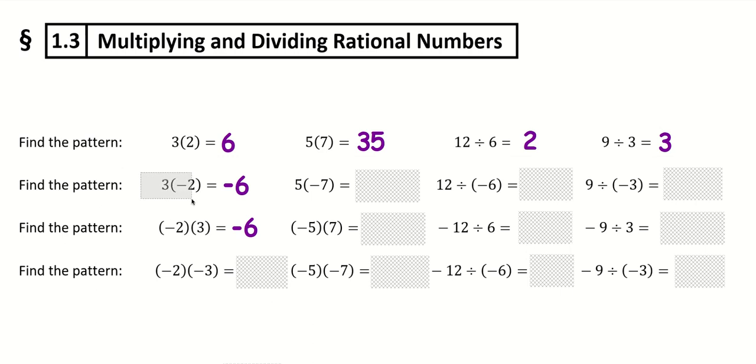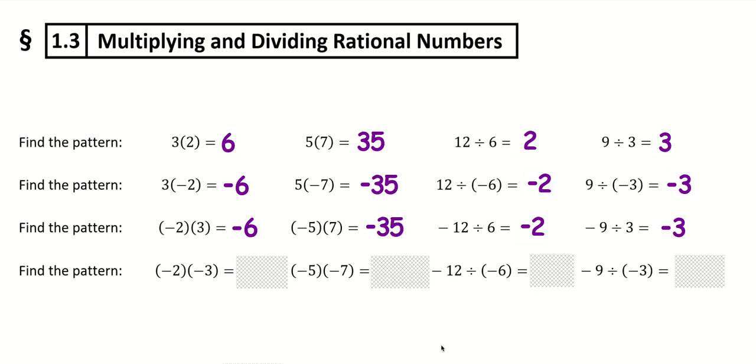When one of the numbers is positive but the other is negative, it doesn't matter if you're multiplying or dividing, your answer is negative. Which again, just like I mentioned at the start of this video, shouldn't be news to you. This is something you've definitely heard at least once before in your life.